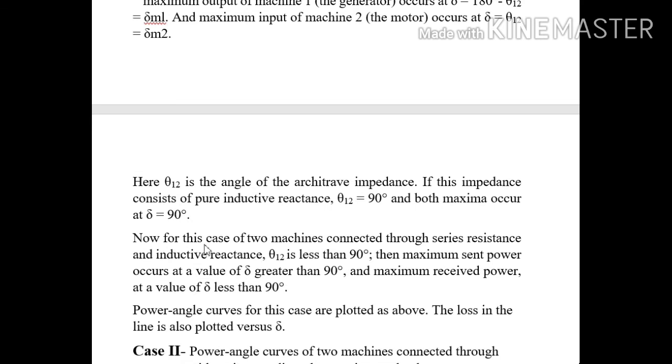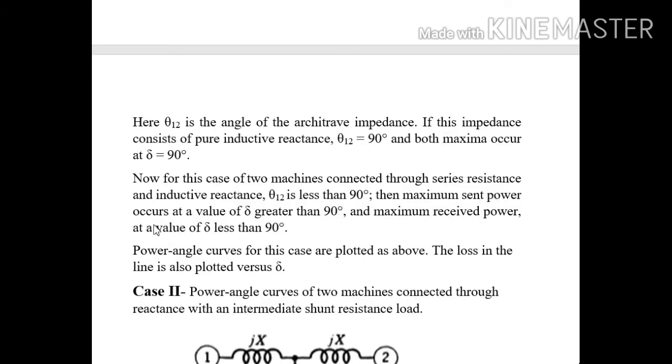Okay, now for this case of two machines connected through series resistance and inductive reactance, theta 12 is less than 90 degrees. It is true because of the presence of resistance. Now theta 12 is less than 90 degrees.